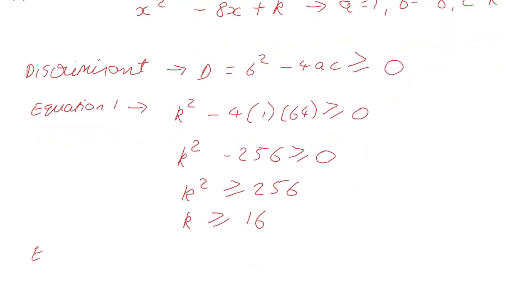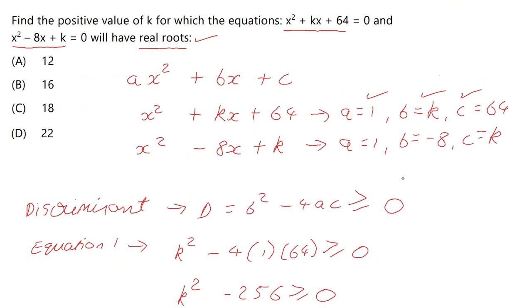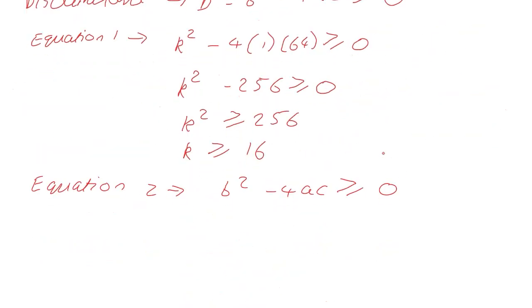Now let me see what happens in the case of equation 2. Again, we have b square minus 4ac is more than or equal to 0. And this time around, a is 1, b is minus 8, c is k.